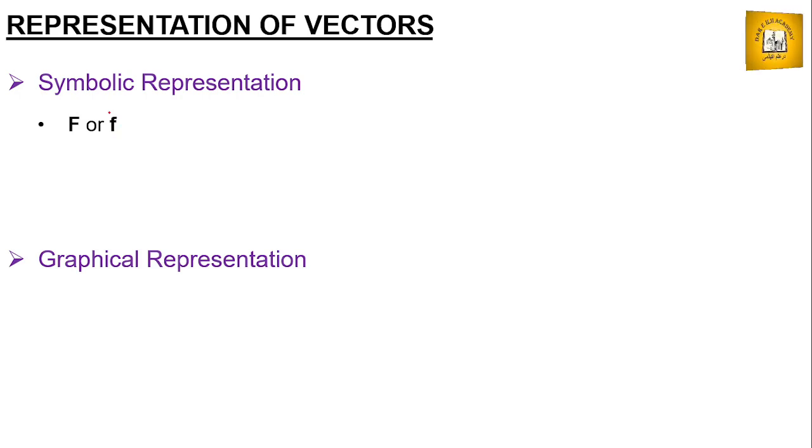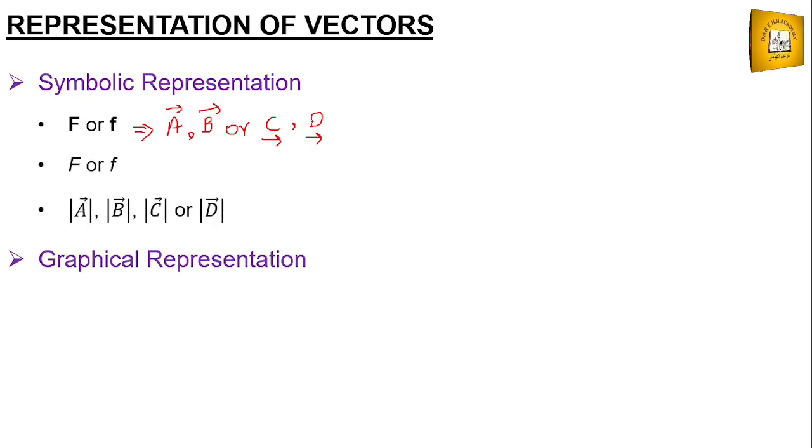A vector can also be represented by a simple faced letter with an arrow over or below it, for example A, B, C or D written like this. To indicate only the magnitude of a vector, the letter printed in italics or the mathematician's absolute value sign may be used like this.